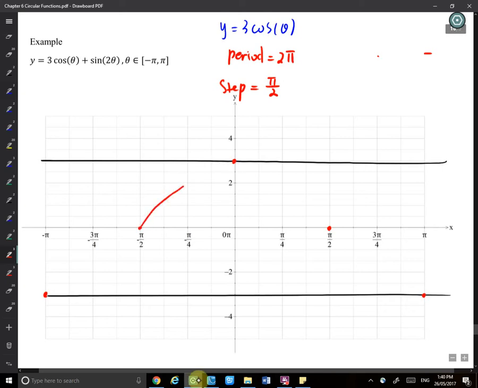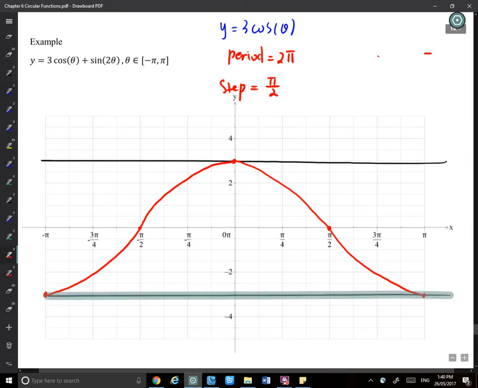That's the cosine graph. Well, somehow, why is it so ugly? Okay, that's better.